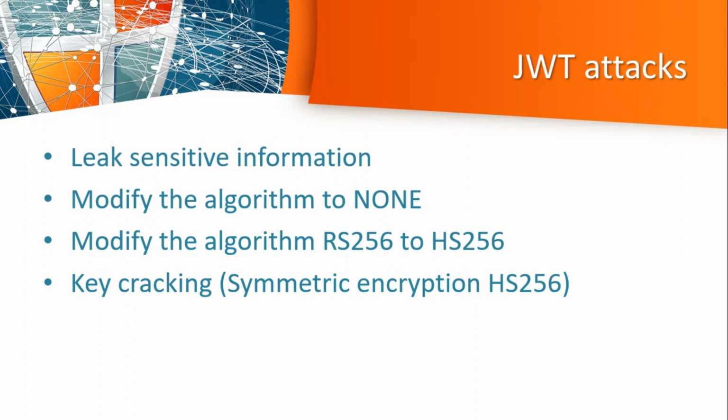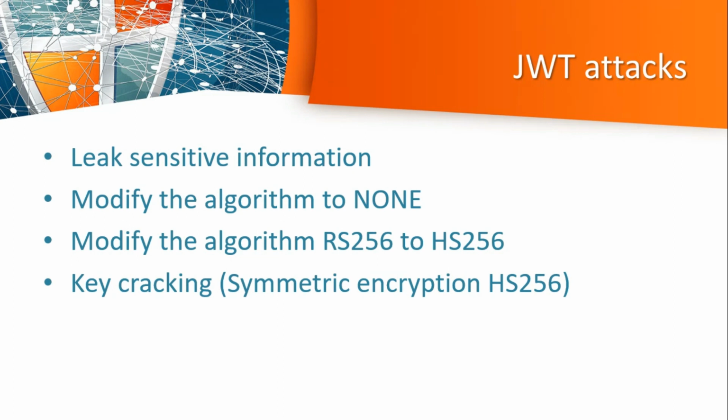JWT attacks. First is leakage of sensitive information. Obviously, because the payload is transmitted in plain text, information leakage can occur if there is sensitive information in the payload.